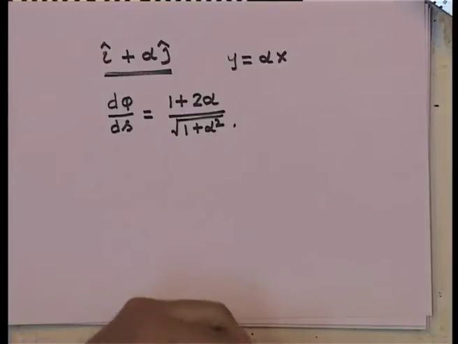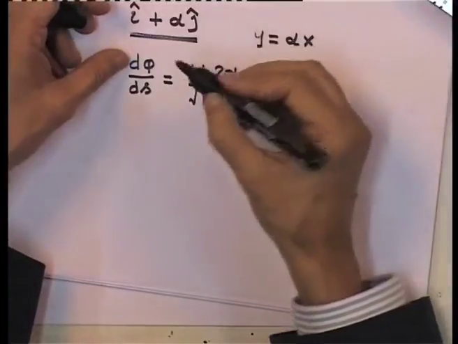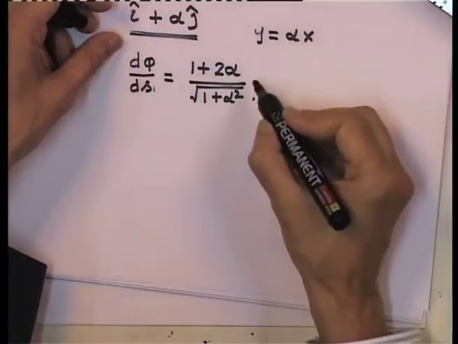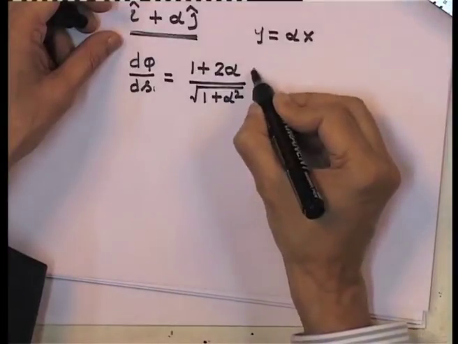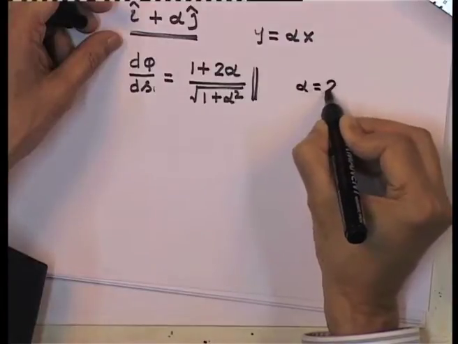Now, if you examine this function, you will find that the directional derivative takes a maximum value when alpha happens to be equal to 2. You of course know how to do it.